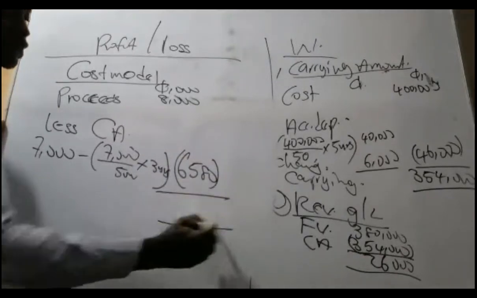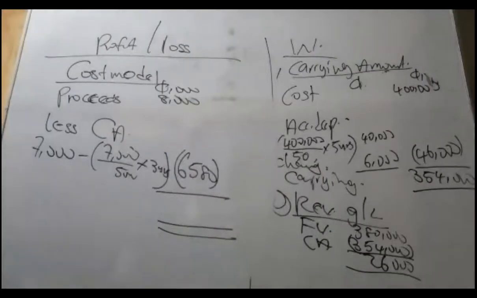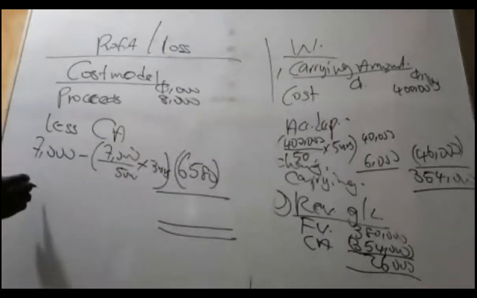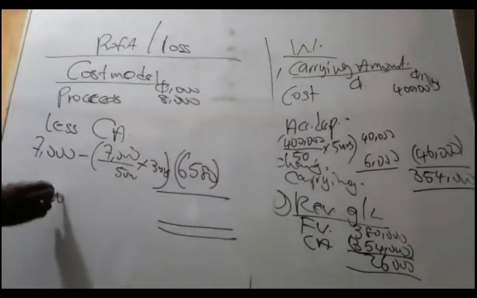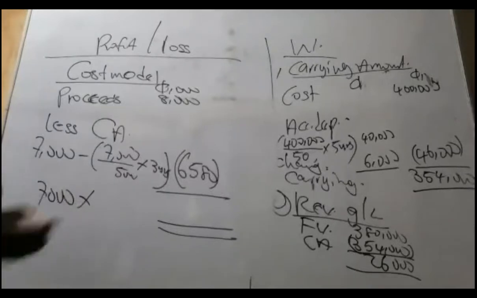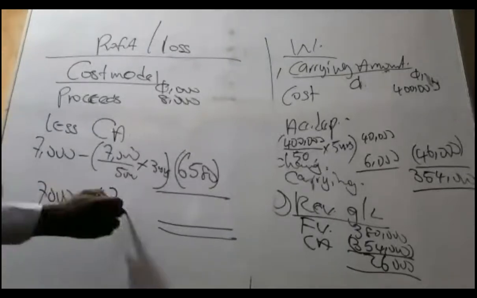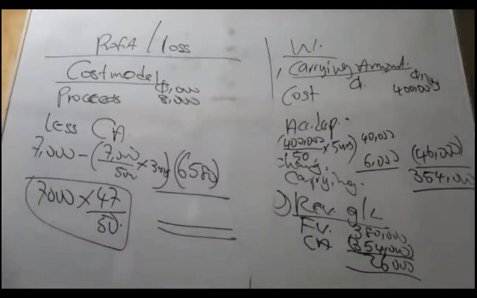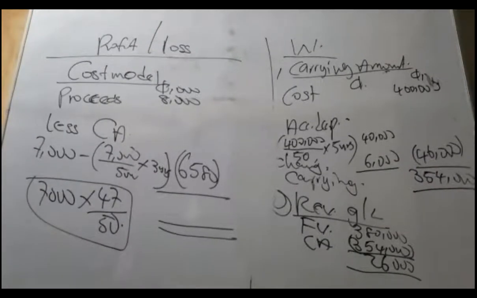So what's the profit or loss? You are done. To get the profit, 8,000 minus the carrying amount. For this carrying amount, you can also use the shortcut, which is equal to this 7,000 times the number of years remaining, which is 47, all over the entire number of years. Shortcut approach to get the carrying amount straightforward without going through the long process. We shall adopt several ways of getting these figures faster.